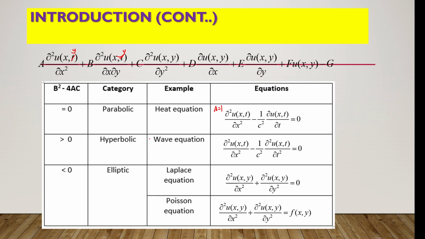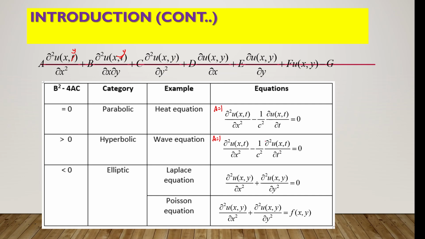An example is the wave equation. The difference between heat and wave is that for wave, the del u del t is up to second order. If you compare del 2u del x squared, a is equal to 1. Del 2u del t squared you compare with y, because for heat and wave, y is the variable time t.